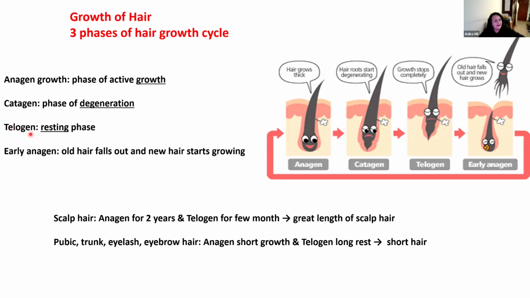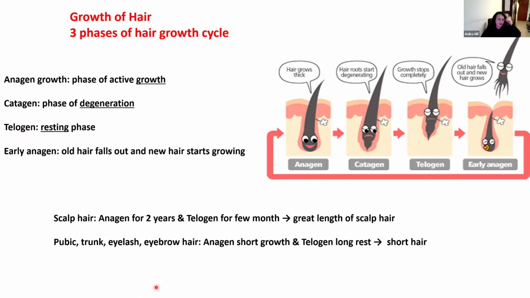And the telogen is the resting phase, where the hair follicle is totally degenerated. And finally, this is where the new baby hair starts growing, which we call early anagen. So when the old hair falls out, the new hair starts growing.